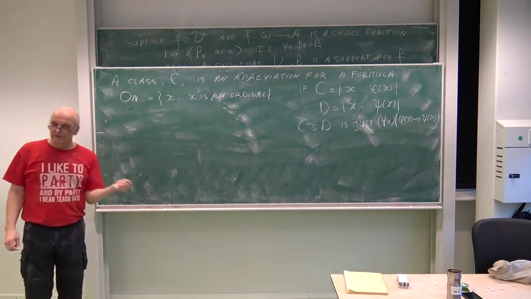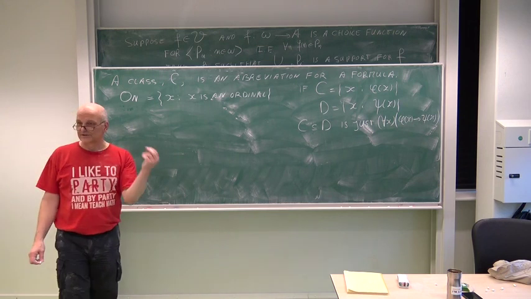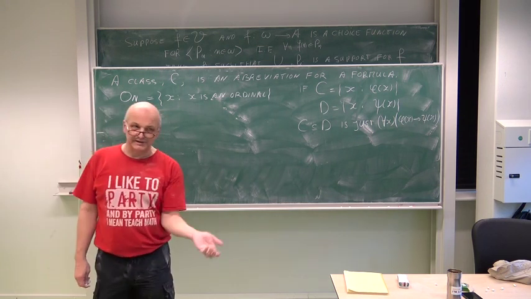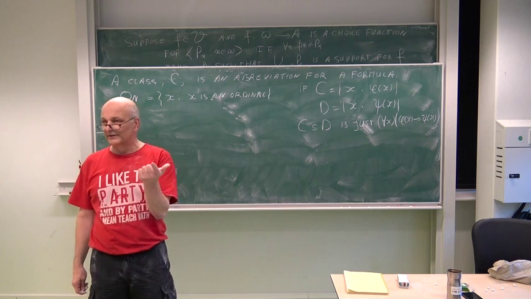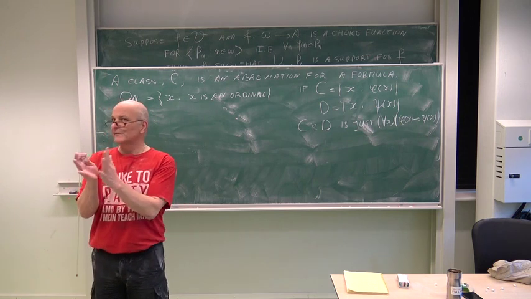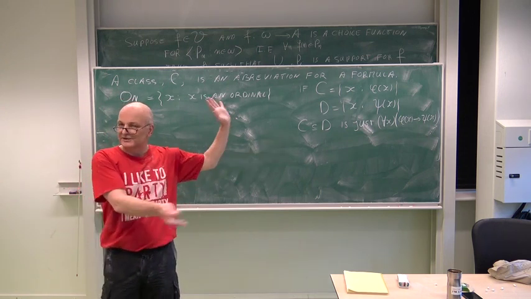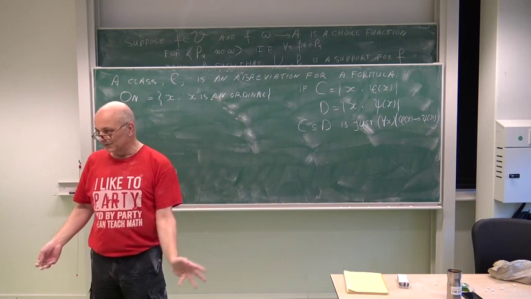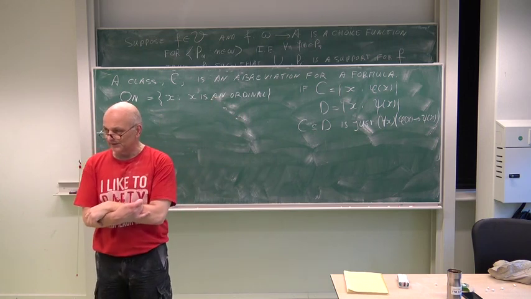But for example, if you do the recursion theorem, it's much easier to state the recursion theorem in the following form. If I have a function from the universe to itself, then there is a function from the ordinals to the universe that satisfies the recursion properties.